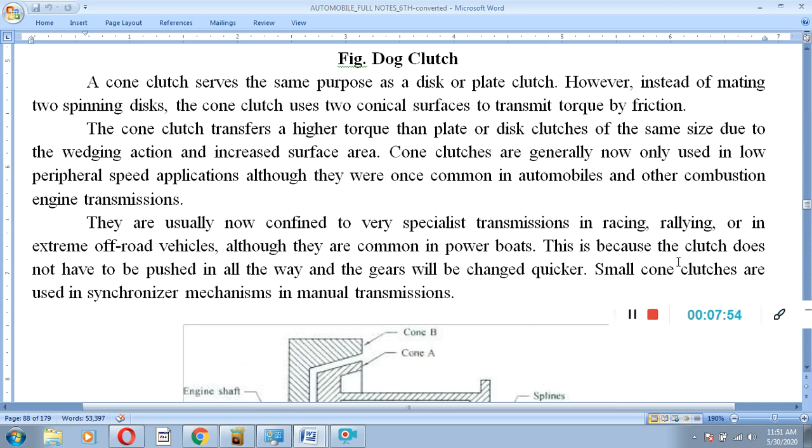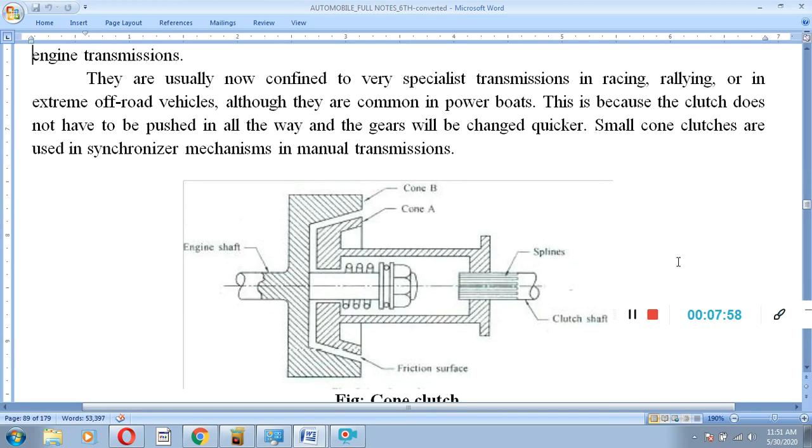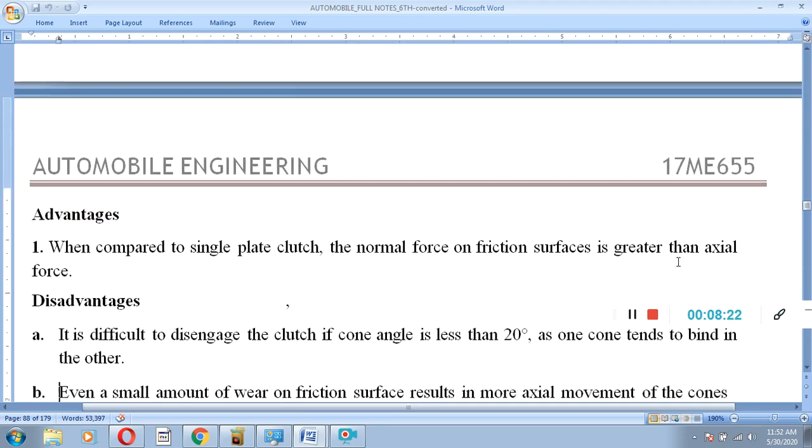Although they are common in power boats, this is because the clutch doesn't have to be pushed in all the way and gear will be changed quicker. Small cone clutches are used in synchronizer mechanisms in manual transmissions. So this is what cone clutches are.